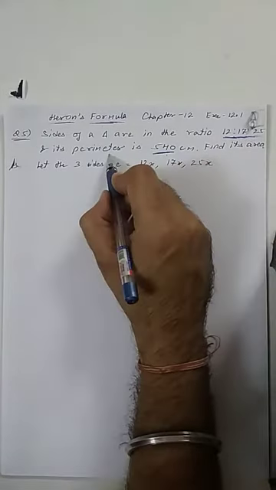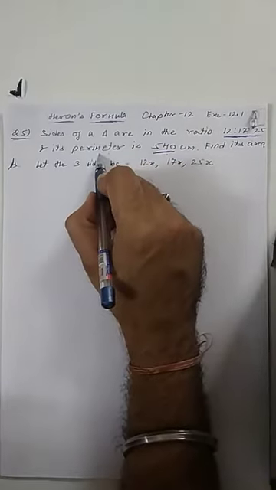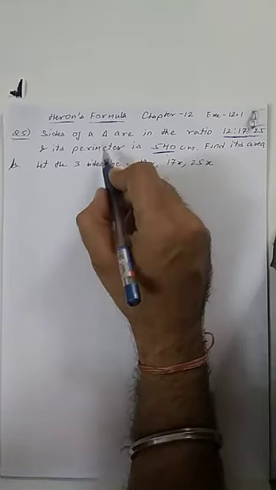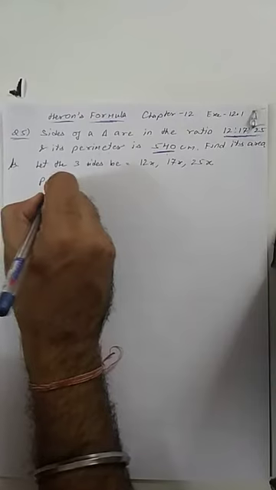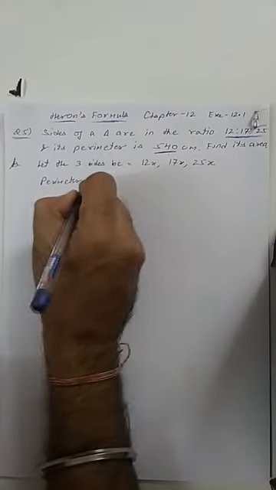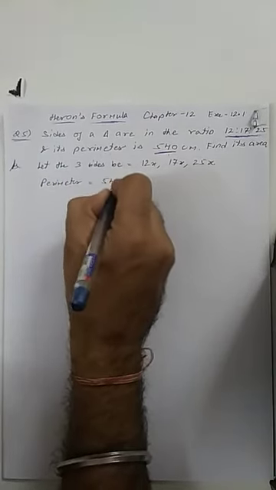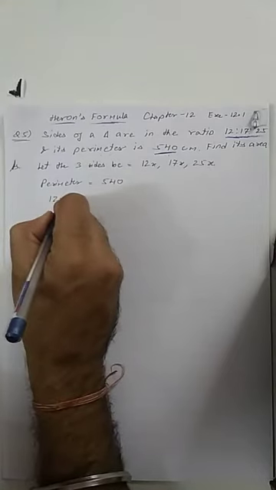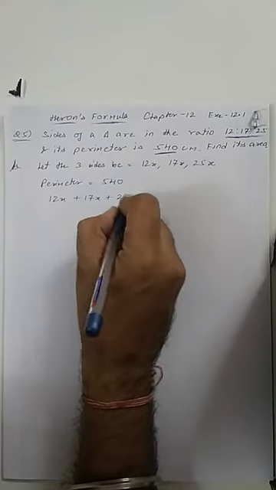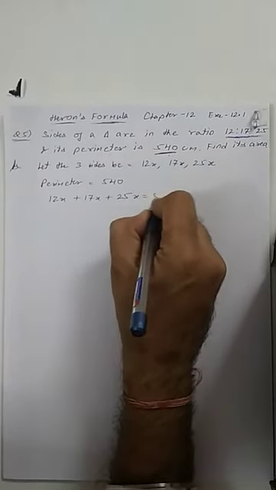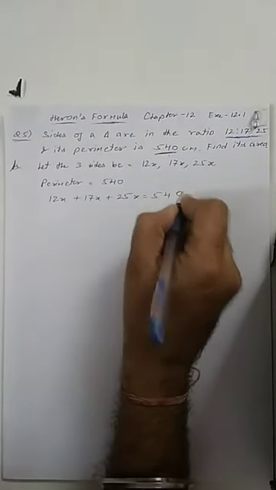Perimeter means sum of all the three sides. So perimeter equals 540. It means 12x plus 17x plus 25x equals 540.